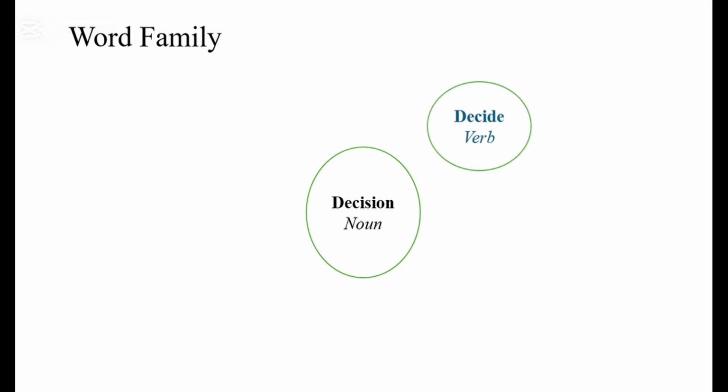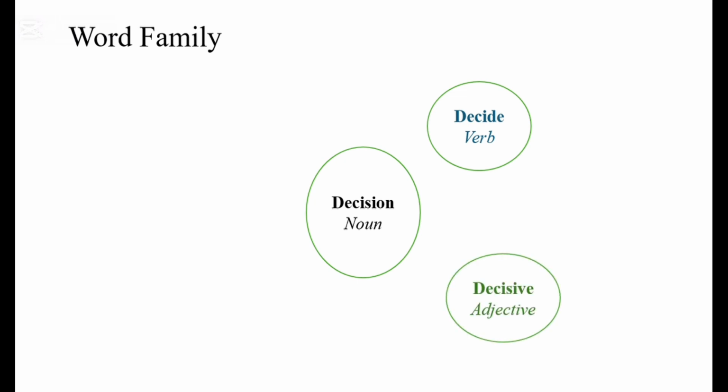Then the next way is learning about the word family. A word can have a different kind of word family. For example, if we talk about decision, decision is a noun. If we take the verb form of decision, this is decide.